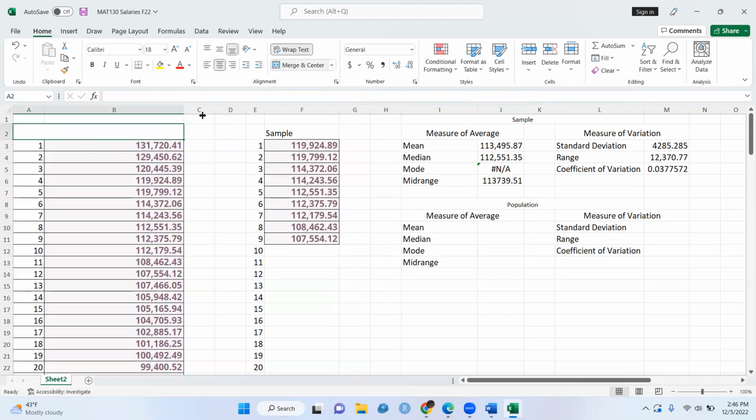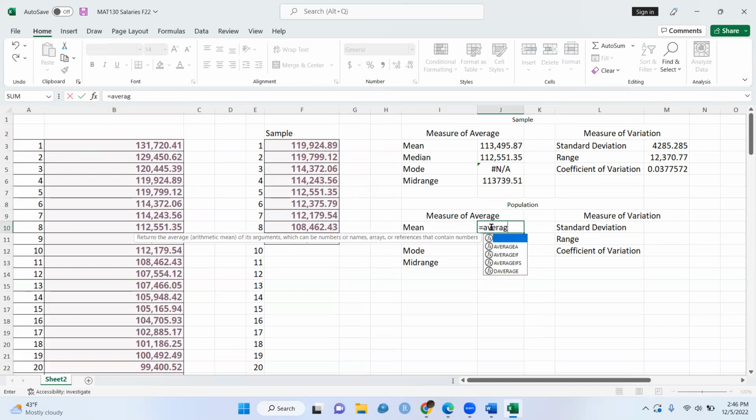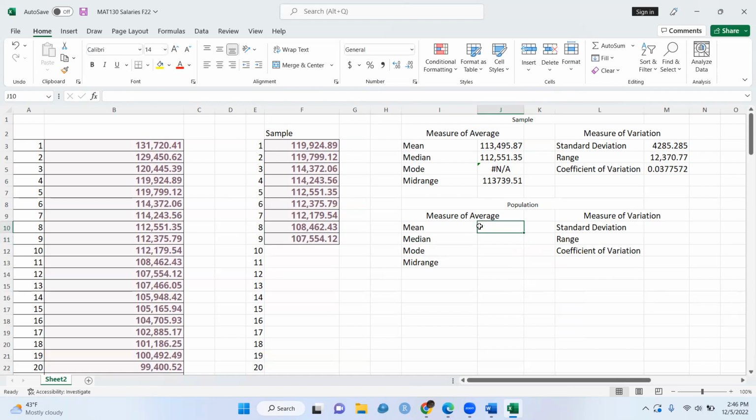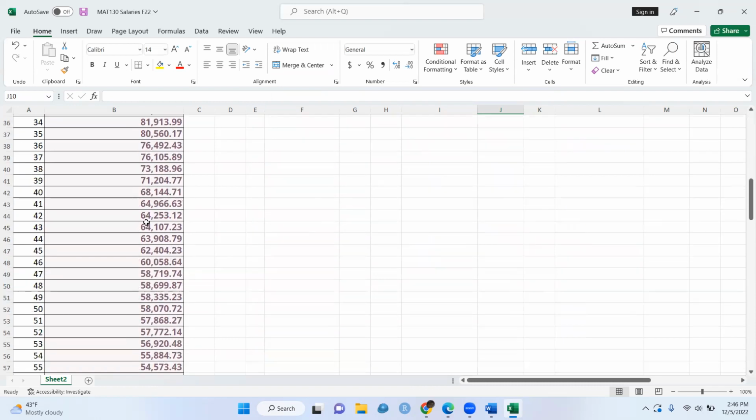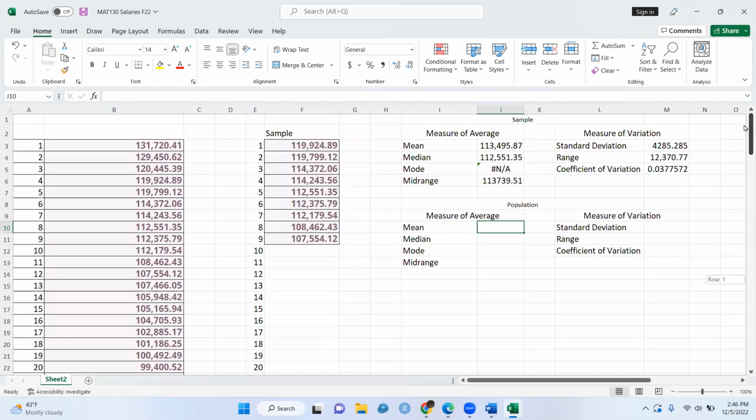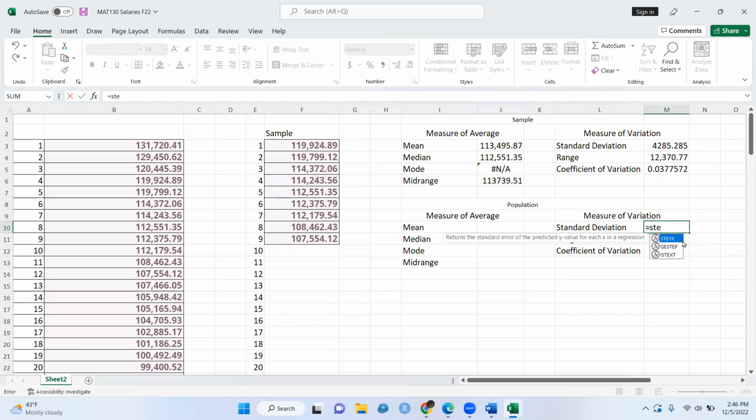We have to unmerge this, and we could just say this is equal average and select column B. But don't look at that. Oh, I might have given you the answer. You just have to make sure you select all of the values here and that's the population. Now, remember, when you calculate the standard deviation, you have to choose the stdev.p because this is the population value versus the sample value.